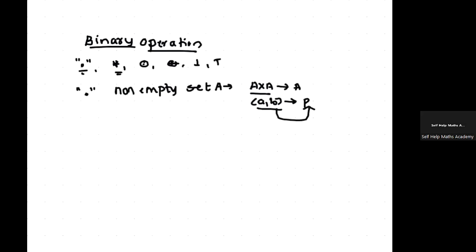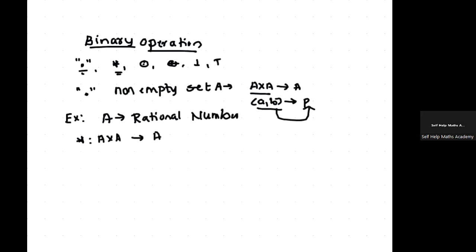Here, let me consider an example: let A be the set of rational numbers. Then I'll take a mapping, say star is a mapping from A cross A to A. How do we define this?